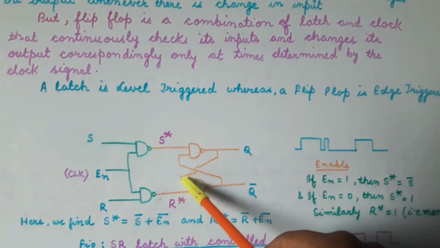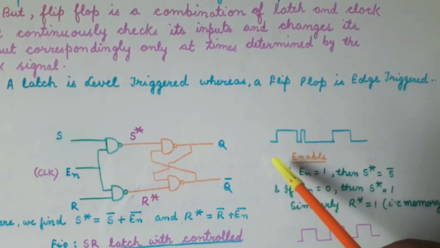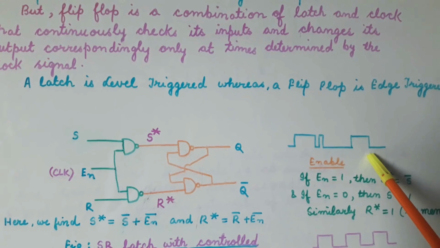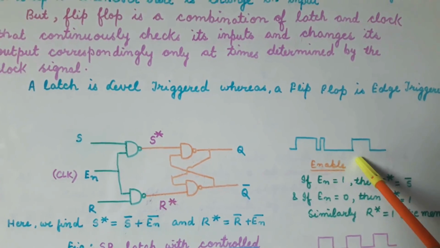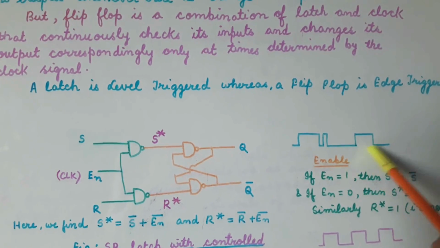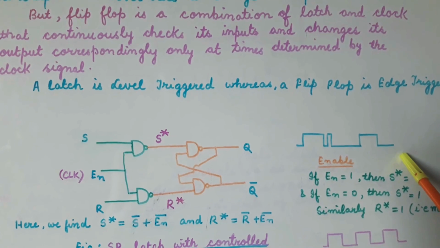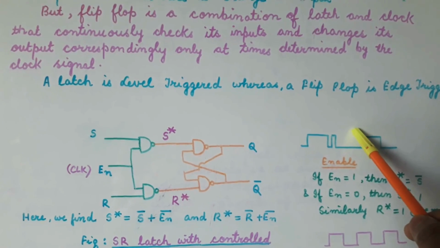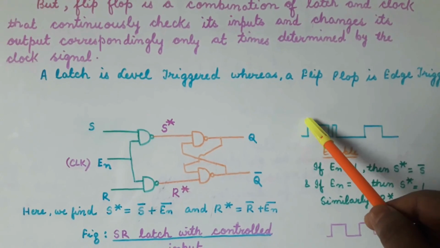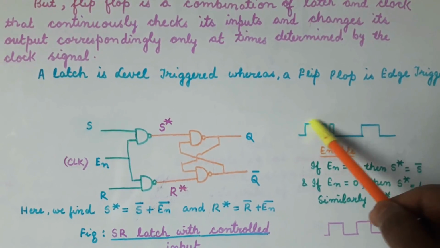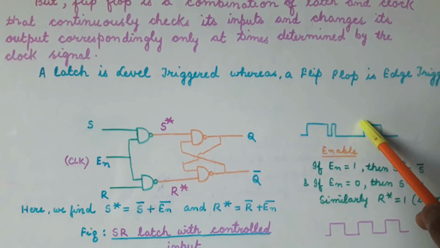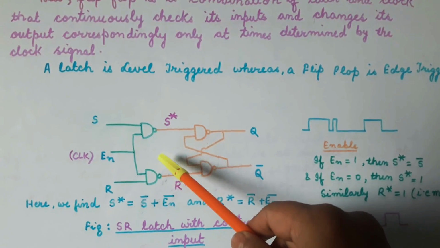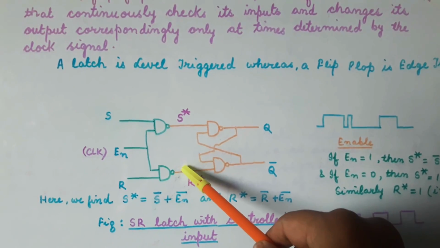In order to understand it, we have drawn an enable signal. This is a random enable signal which we have drawn here. So this circuit will be operational when the enable is high. That is, when the enable is high, for this period and for this period, this circuit will be operational.